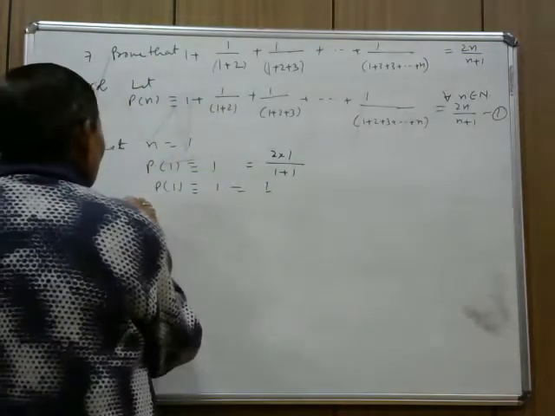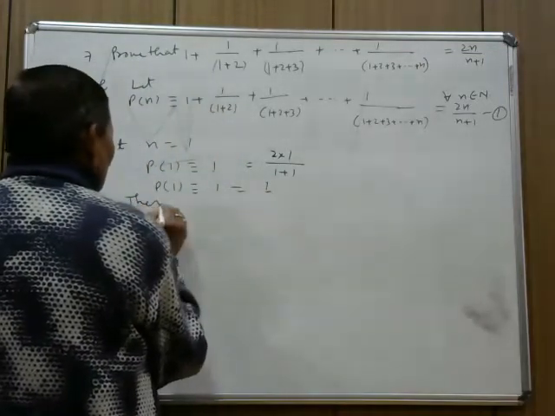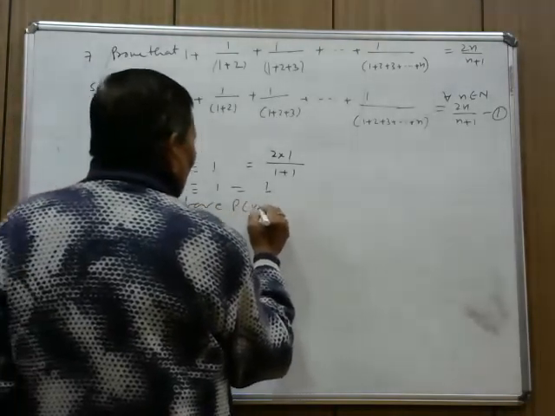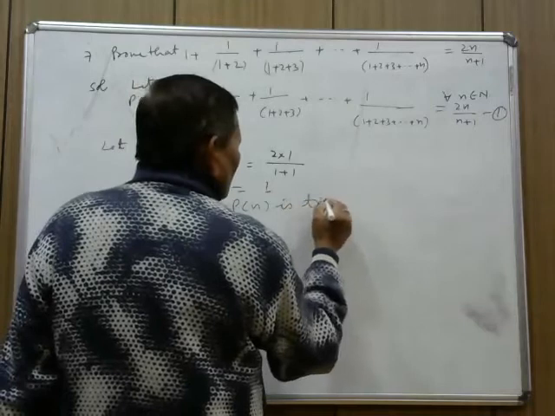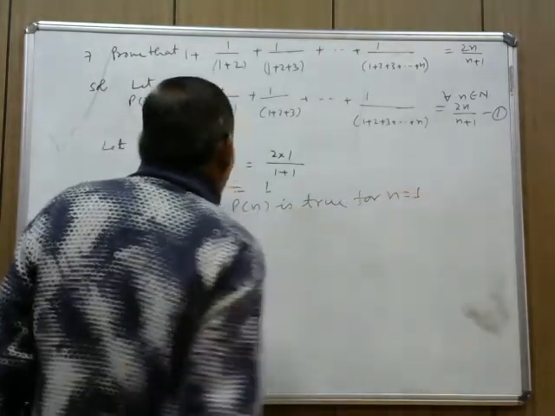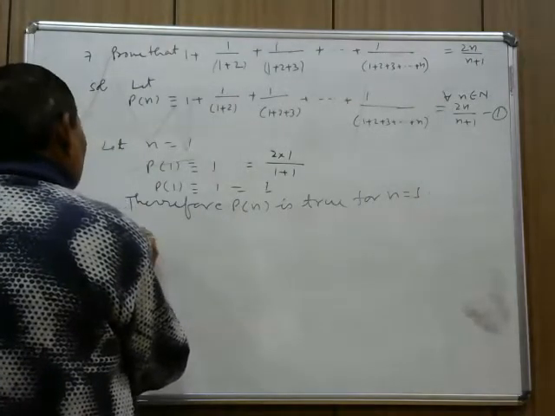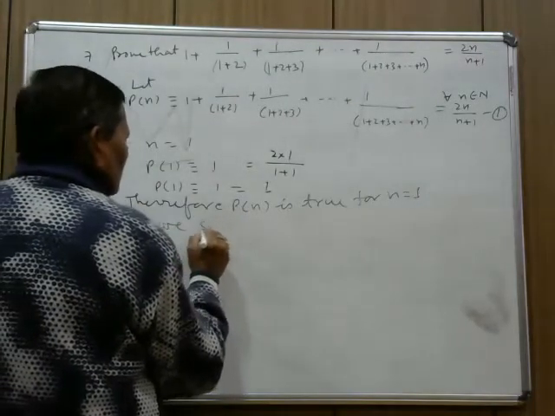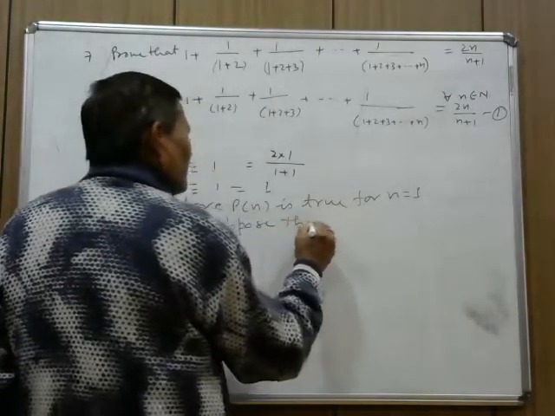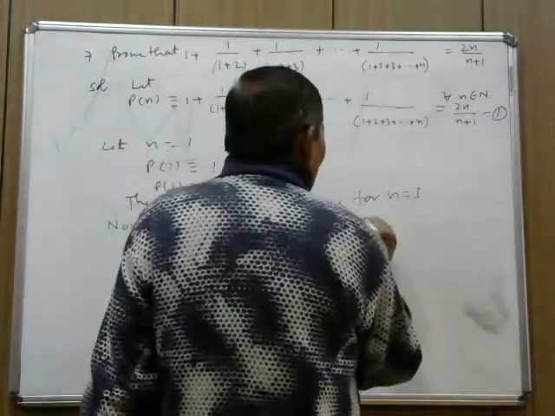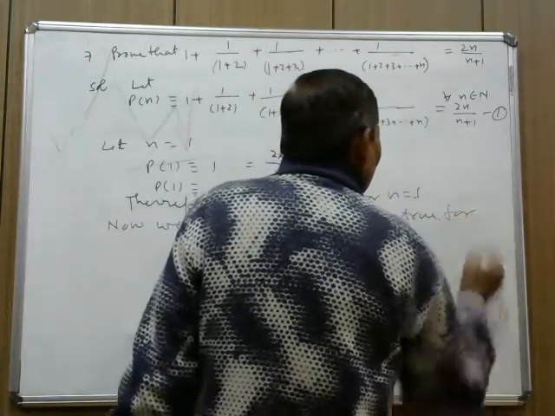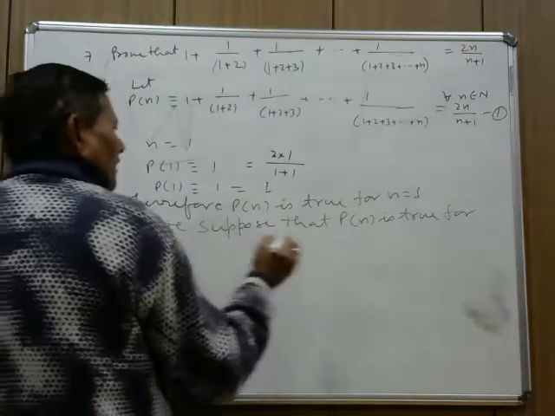So therefore P of n is true for n equals 1. Now we suppose that P of n is true for n equals k.